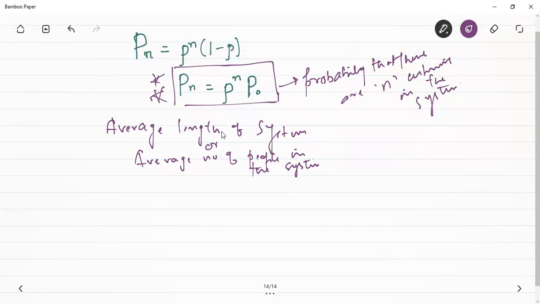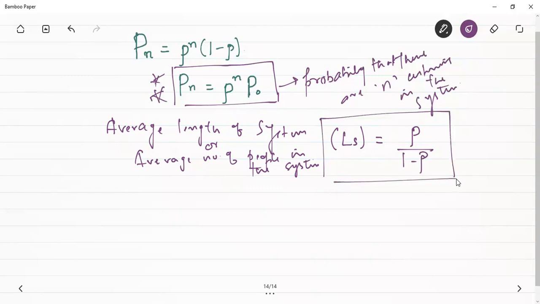Its unit is not meter or kilometer. Rather, it means how many people are in the system. That is given by the formula, first of all represented by Ls, and it is equal to rho divided by 1 - rho. So this is the formula for the average length of the system.